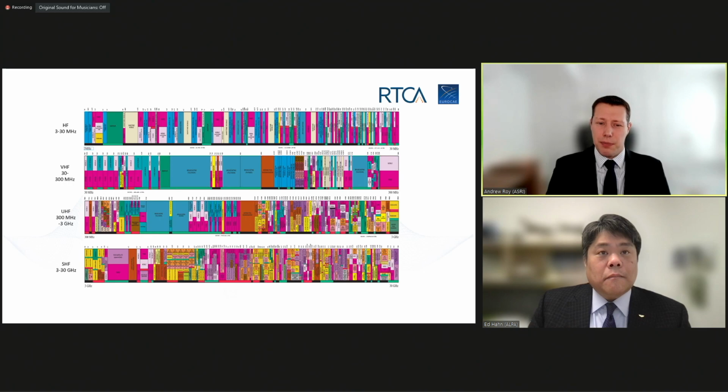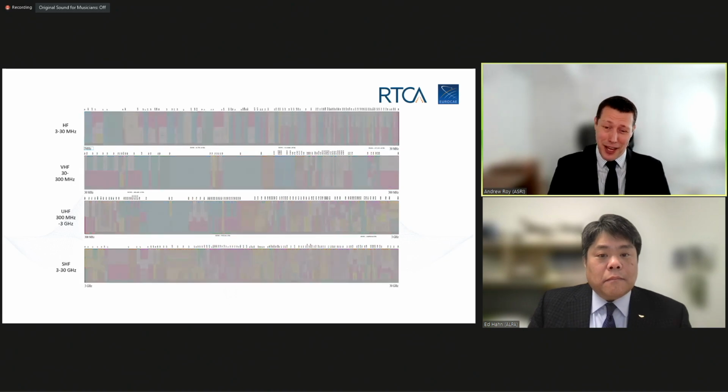From an aviation perspective, aviation is very much a wireless industry. We don't sell tickets on kites, for obvious reasons. We don't have cables flying through the air across the North Atlantic. We need to have a dedicated allocation of spectrum for all our comms, nav, and surveillance functions, specifically allocated towards that purpose.